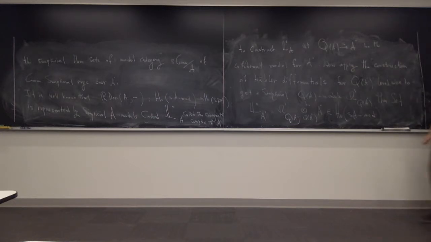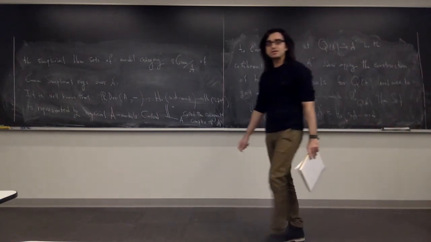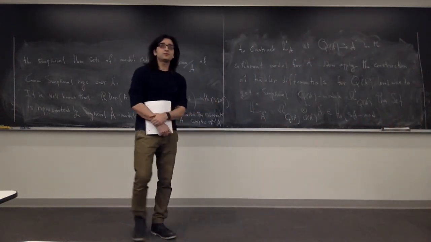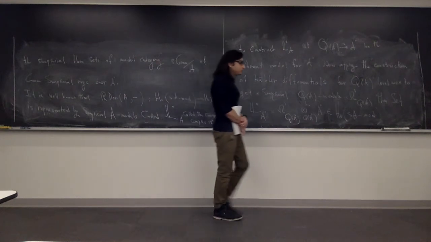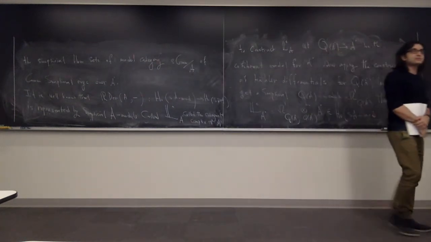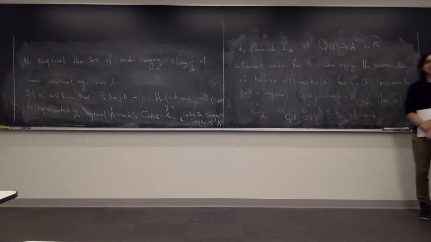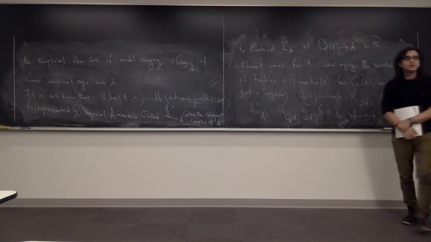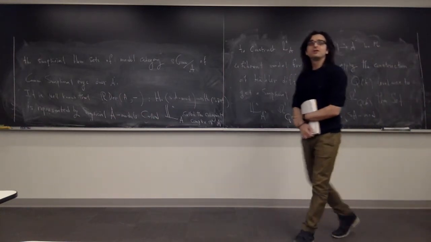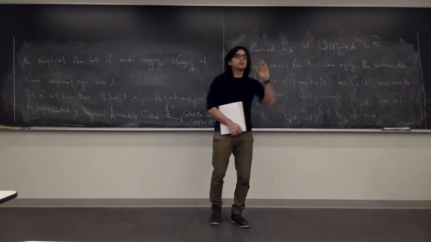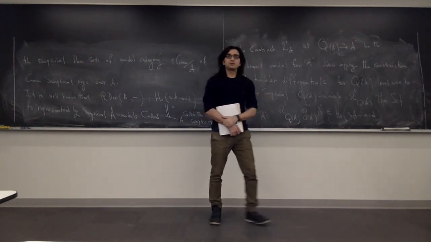When you want to construct the cotangent complex of a scheme, if you remember from algebraic geometry, you cannot intrinsically just define it. You need to embed your scheme in an ambient smooth scheme, and then you start constructing. Your scheme could be singular.